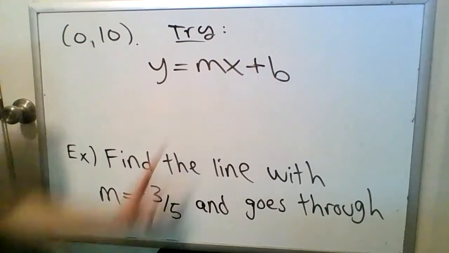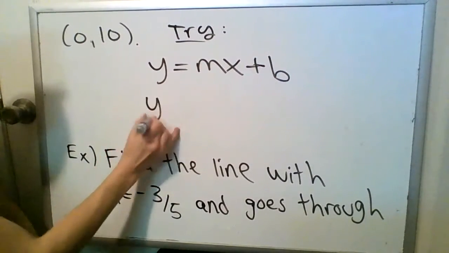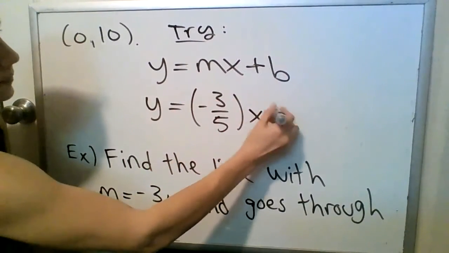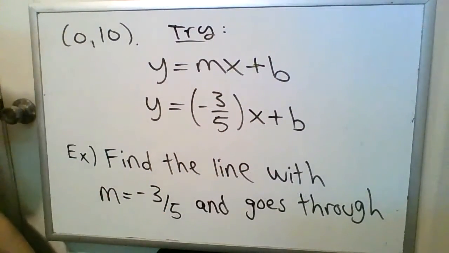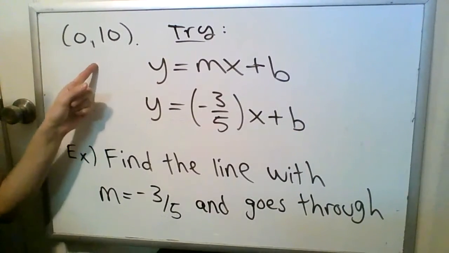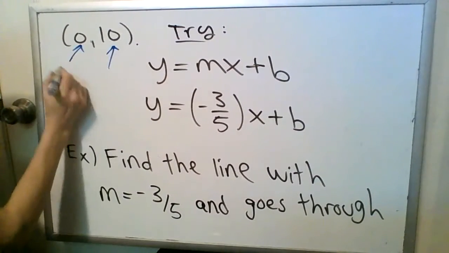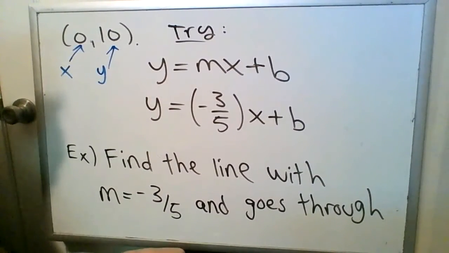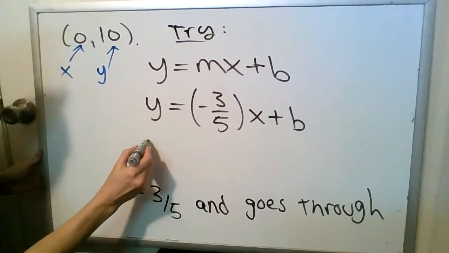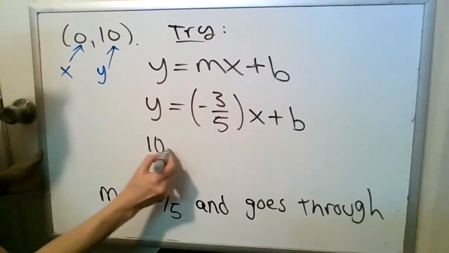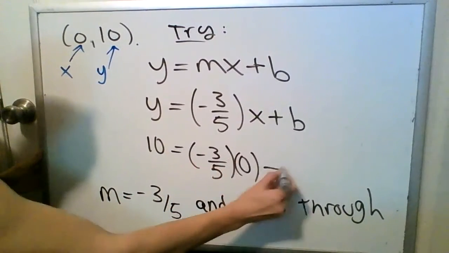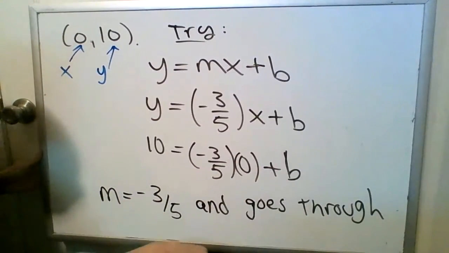I know what m is, it's -3/5. Okay, I need to know what b is, and I can use that point where x is 0 and y is 10. Okay, 0 and 10, 10 for y. And over here, this is nice and easy. Any number times 0 is going to be 0. So I have b equals 10.